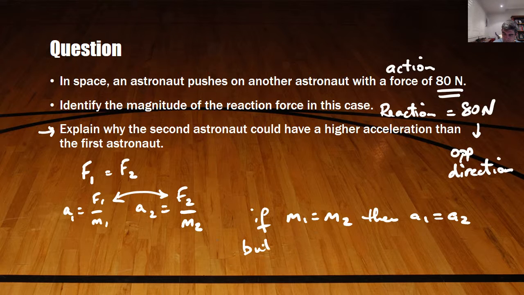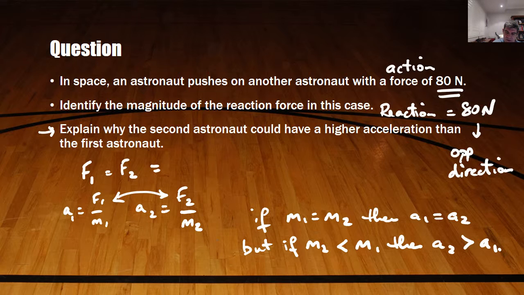But if the second astronaut has M2 less than M1, then the acceleration of 2 will be greater than the acceleration of 1. And if it's hard for you to follow these things, put some numbers in.